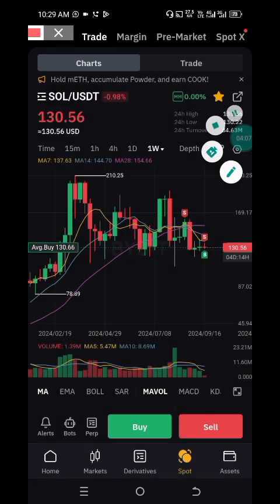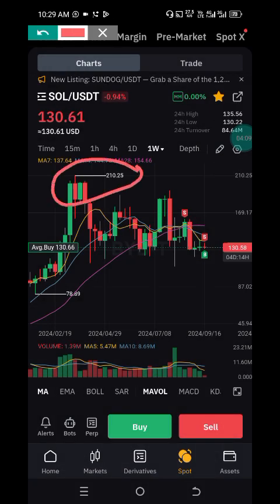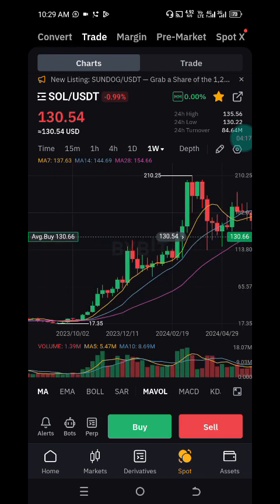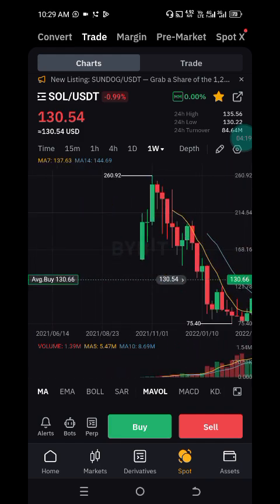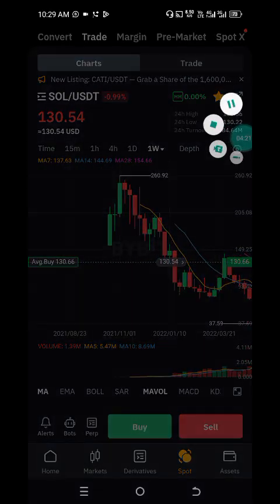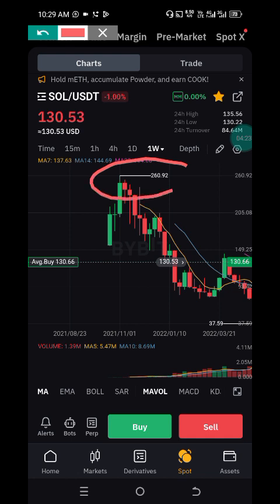I come to realize that Solana in its history reached 210.25 USDT. Let me check whether there is a higher price than that. Yeah, amazing. 260 is the highest high that Solana approached. So now Solana reached 260.92 in history.